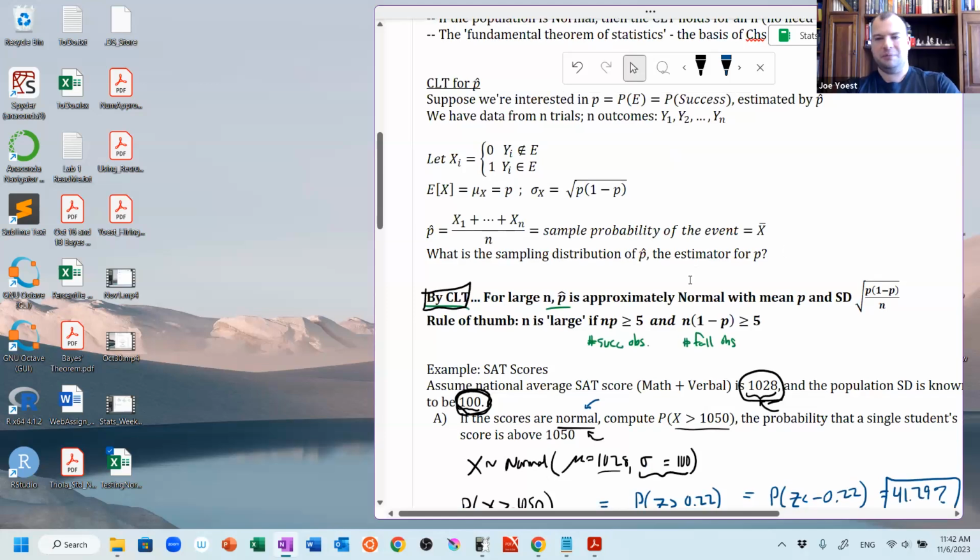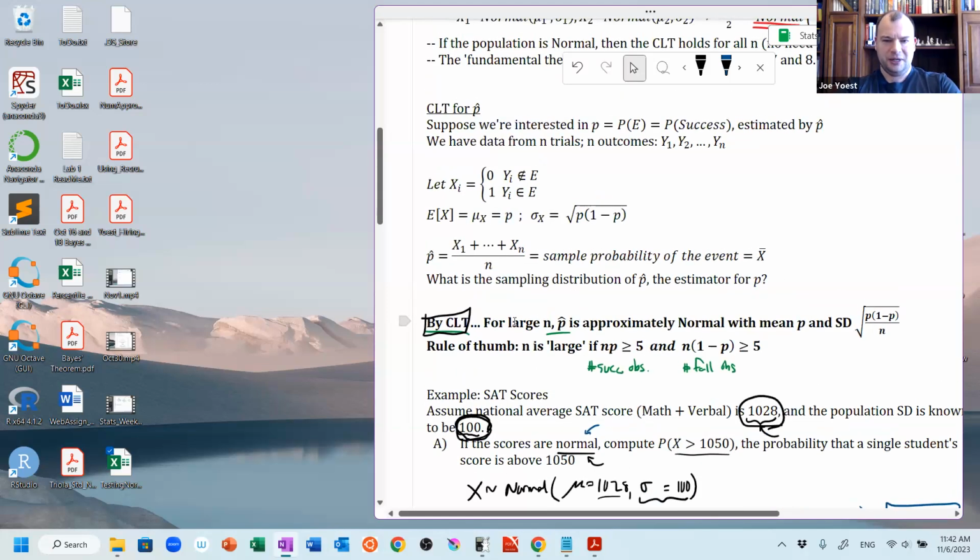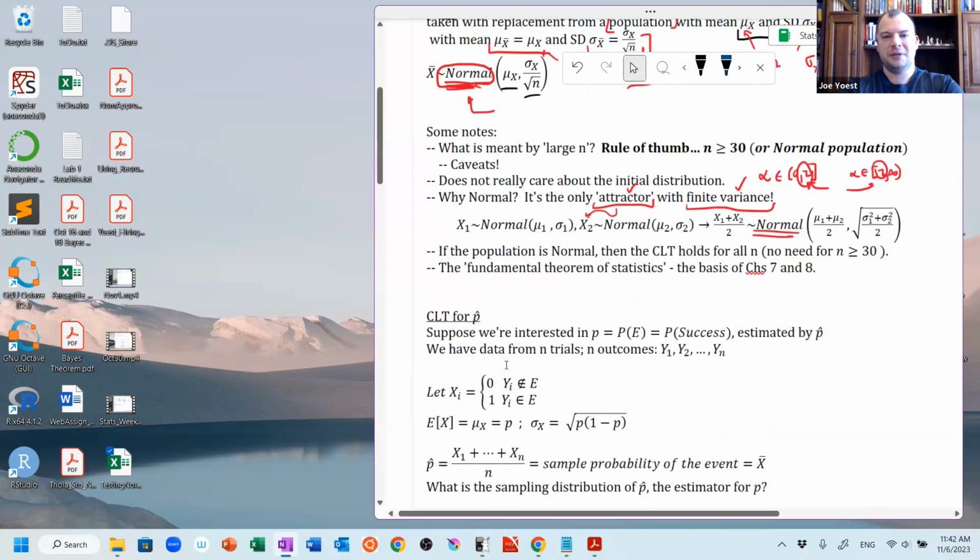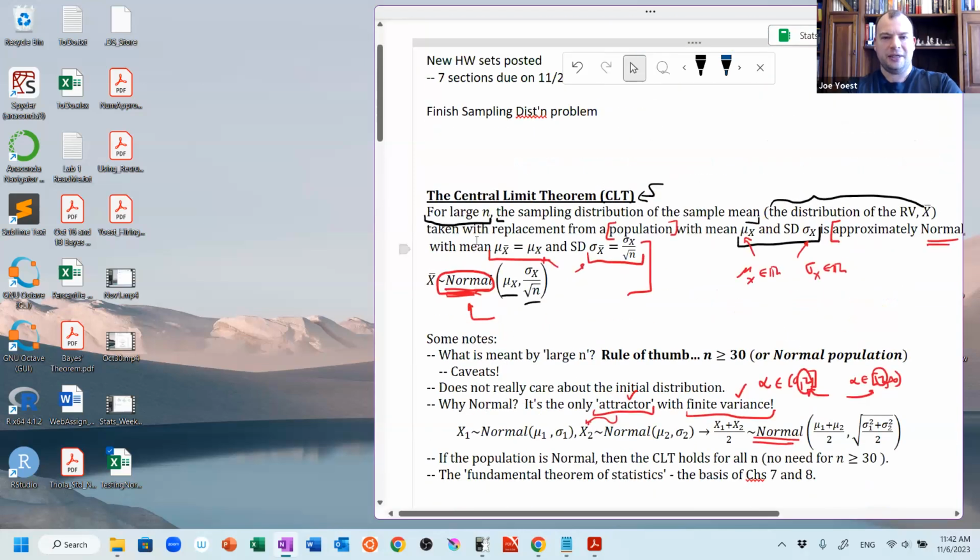Remember I mentioned there are different sampling distribution results and different confidence interval and hypothesis test results that build off of those, which have different amounts of tolerance to deviation from normality, right? So I can apply this result of the central limit theorem to a population that's not normal.